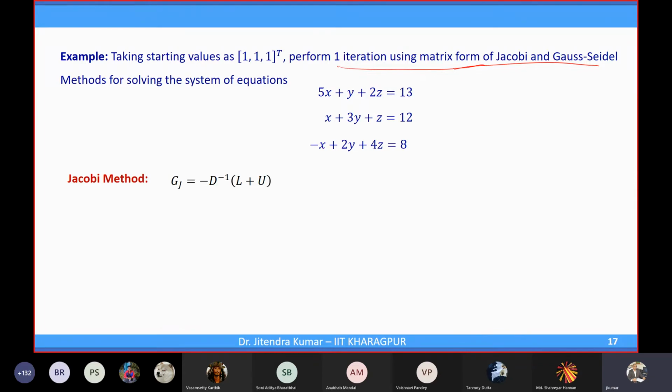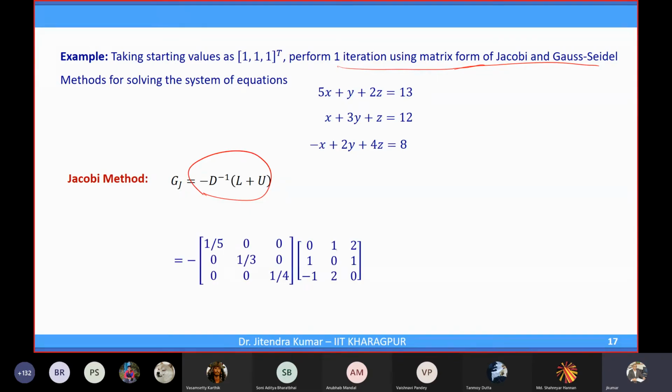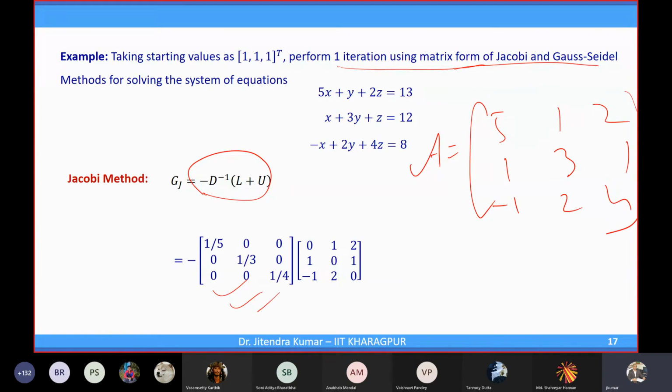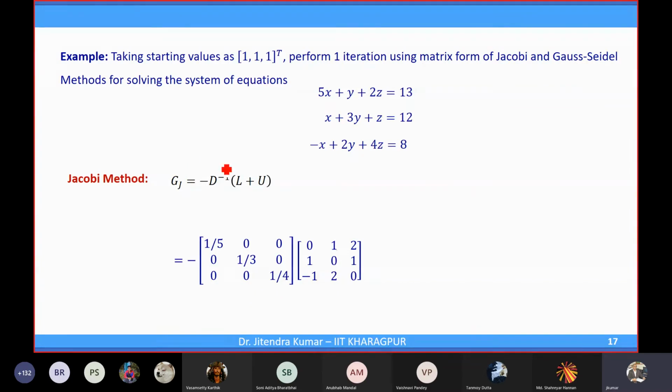For the Jacobi method, you have to remember that this was the iteration matrix. So we have to compute D. See, A is your 5, 1, 2, 1, 3, 1, minus 1, 2, 4, right? Now here you need to compute D inverse. First D is 5, 3, 4, and the inverse will be 1 by 5, 1 by 3, 1 by 4.